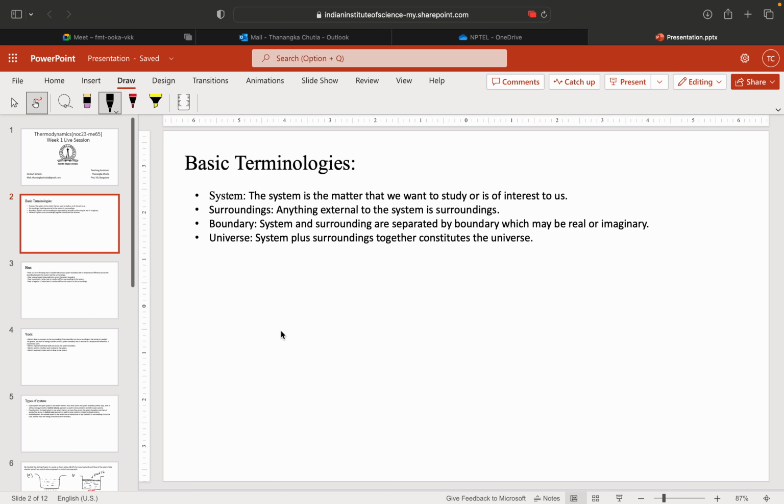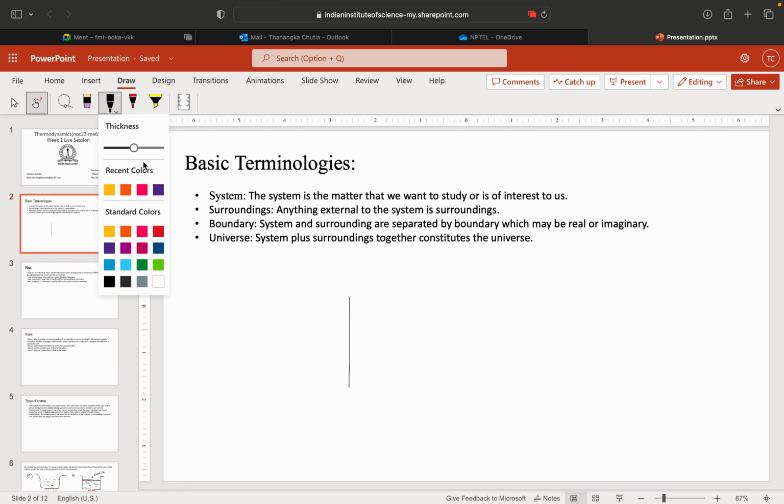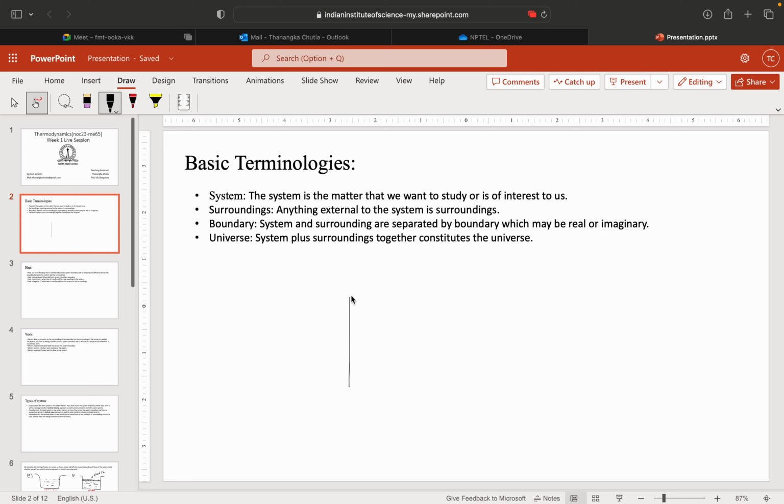Let me use the pen. Suppose this is a box, any arbitrary box, which contains some matter. I am not telling whether it is a fluid, a liquid, or a gas.